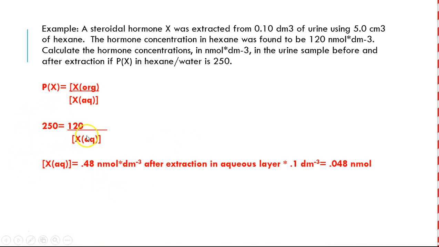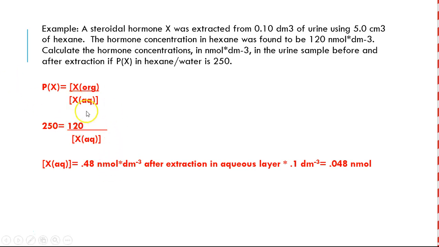And this partition coefficient tells us this is way more soluble in the organic layer than it is in the aqueous layer. Okay? Now, that's our concentration, but we want to know the concentration before extraction in the urine. So what we need to do is figure out, after we extracted it, what's the total concentration?